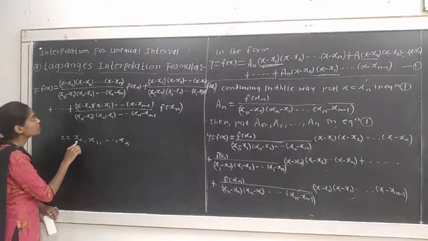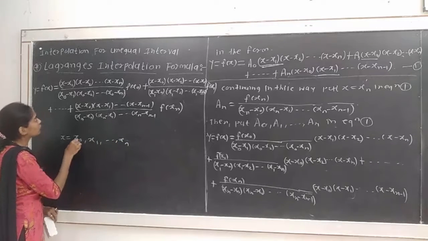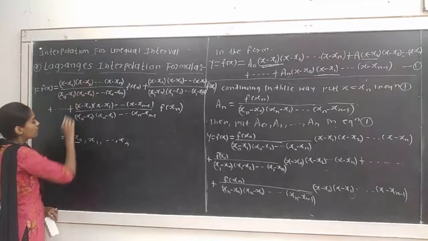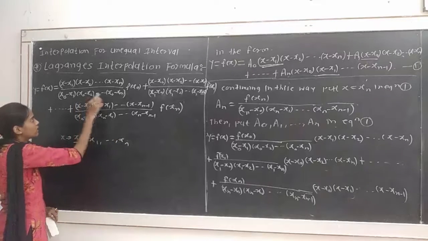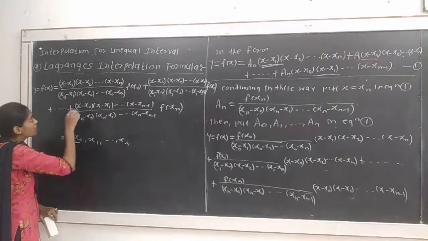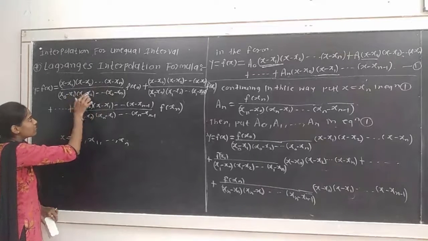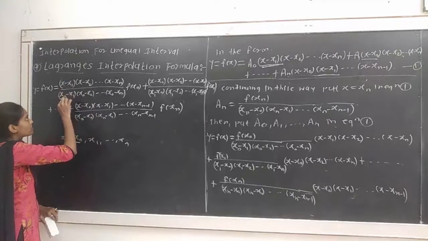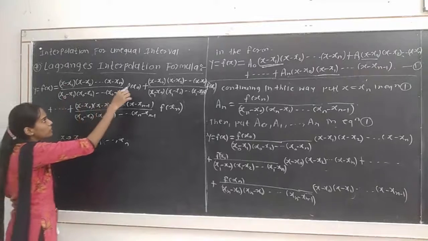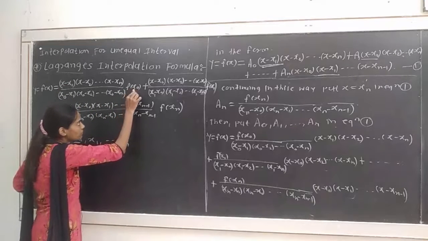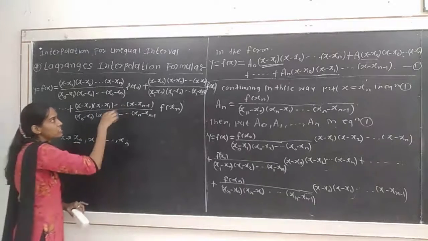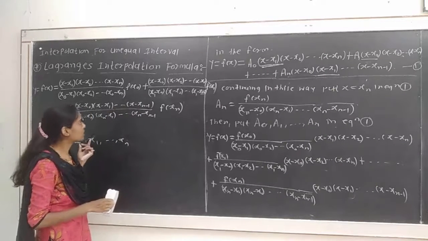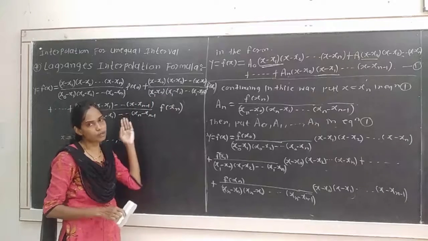So first we miss x0 and subtract all the other values from x. In the denominator we again consider the same terms, with x replaced by x0, and we multiply by the value of the function at that point. Then this technique applies similarly for the second term up to the last.